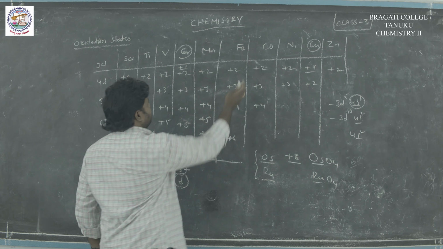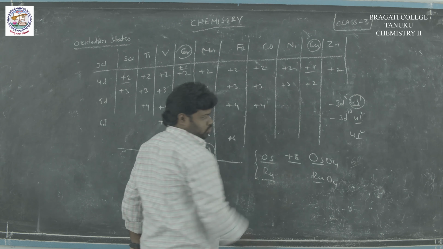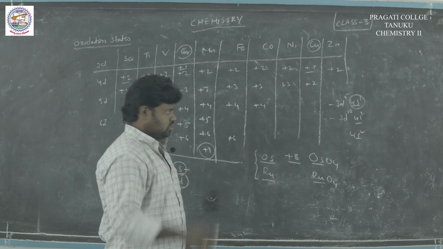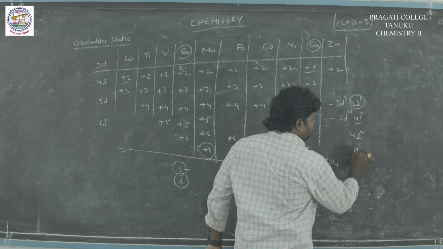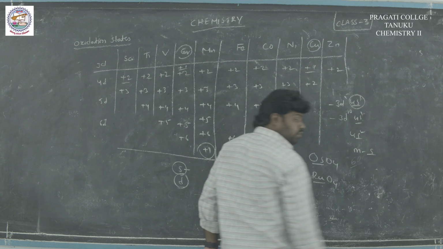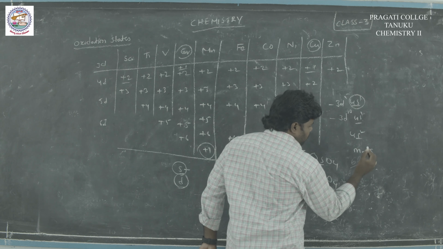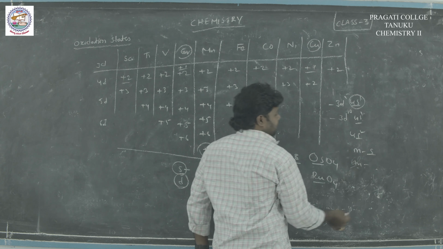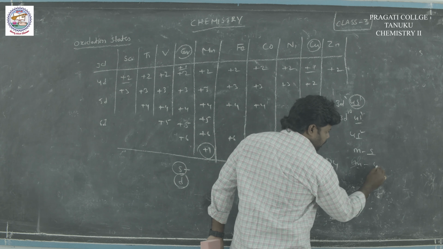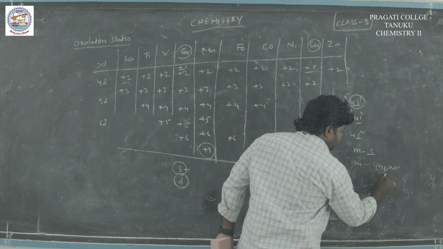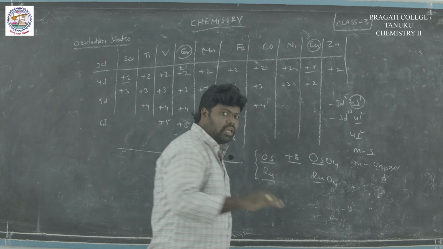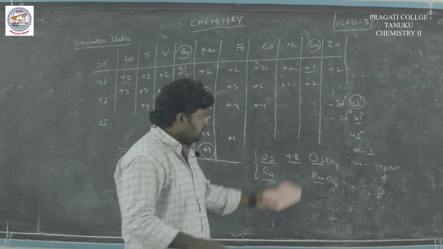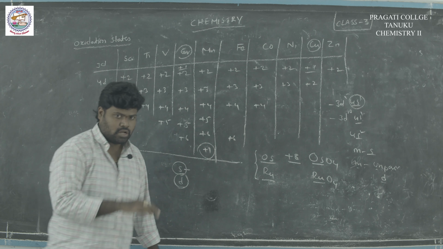After manganese, for the next 5 elements, the minimum oxidation state is equal to the number of s electrons, and the maximum oxidation state is equal to the number of unpaired electrons present in the d sublevel.